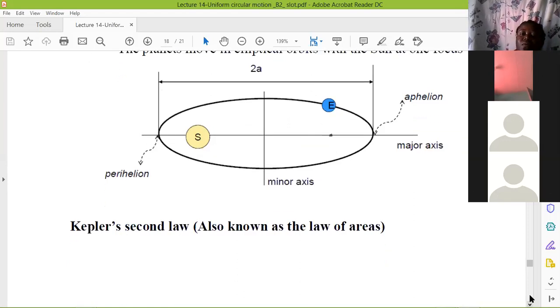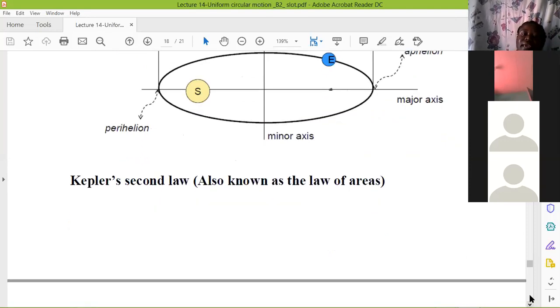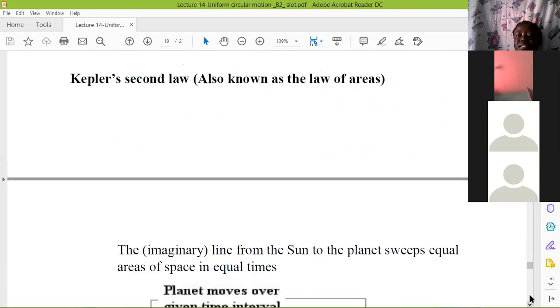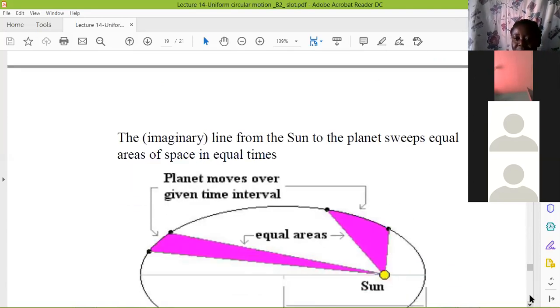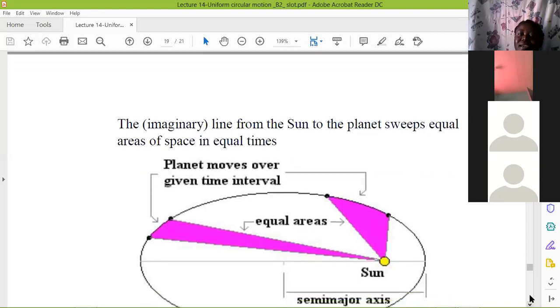Okay, then he gave a second law. He said that as these planets are orbiting, revolving, the line from the sun, taken from one point. Now remember the first law says it orbits in an ellipse with the sun at one focus.